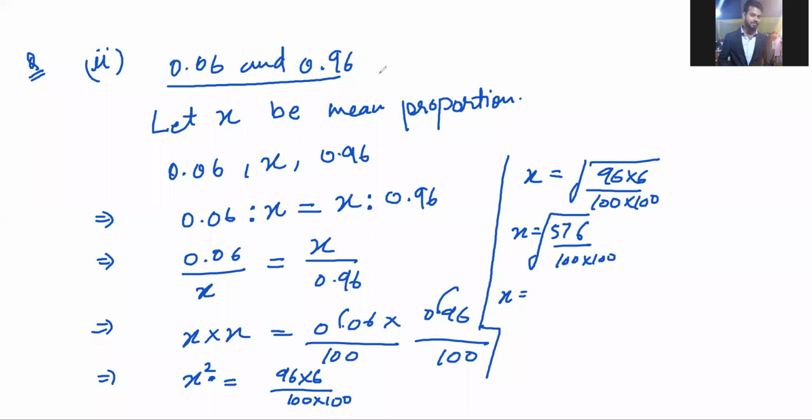So the value is 24, and here you can see that one pair of 100 is inside the bracket. So when we will take it outside, only 100 will come outside. Okay. So x is equal to 0.24. This is the answer. X is equal to 0.24.